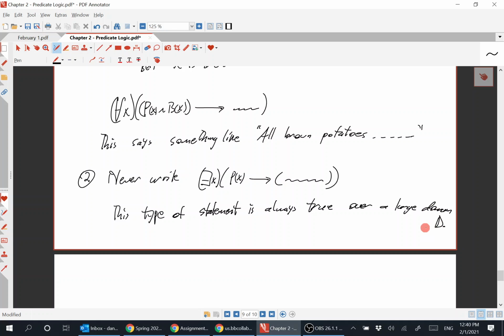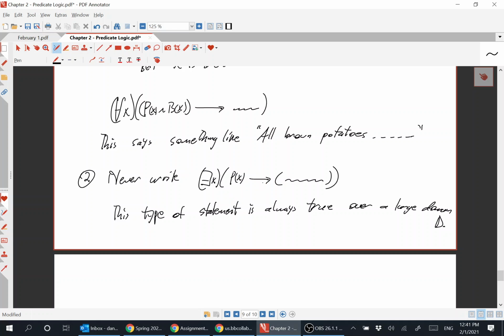Is it because that X is always... Well, there is an X that's not in your big domain, or an X that's not a pony, or an X that's not purple. There's always something that isn't. So something in the universe is not a potato.